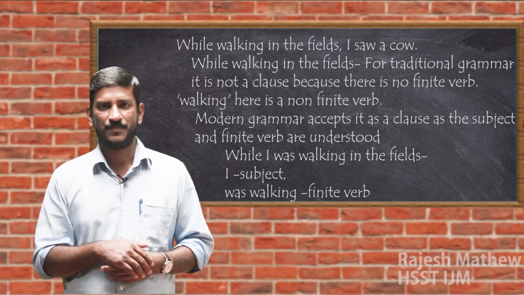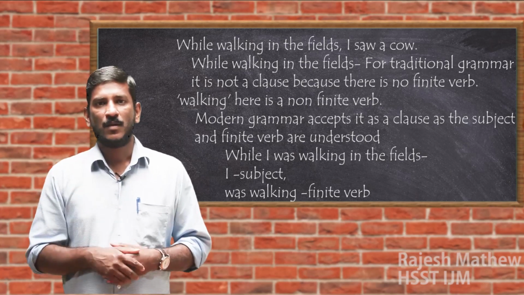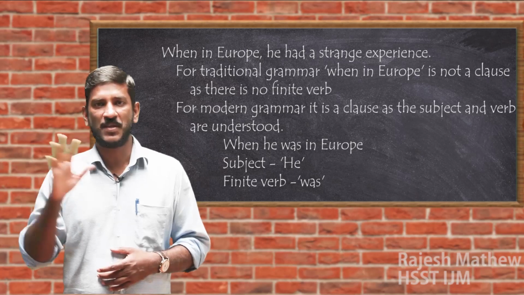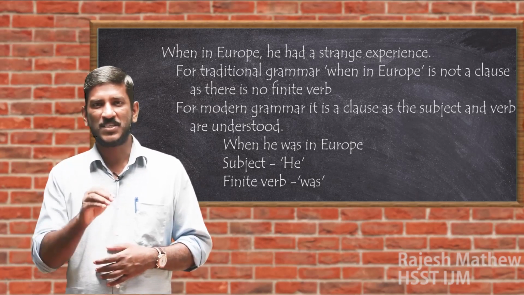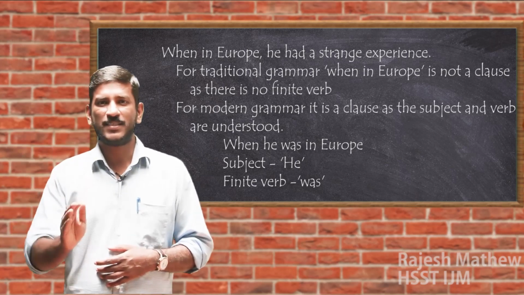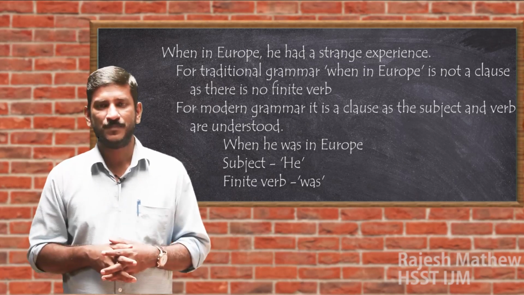The third sentence, an expression without any verb: when in Europe, he had a strange experience. When in Europe, traditional grammar does not consider it a clause because there is no finite verb.